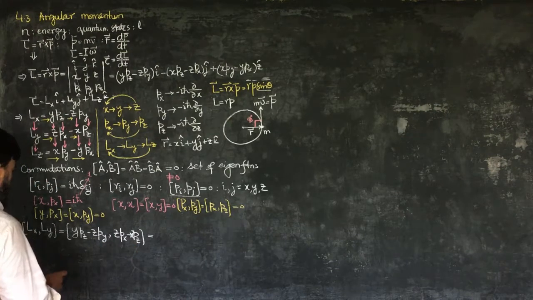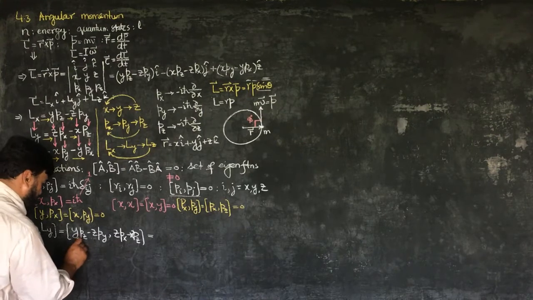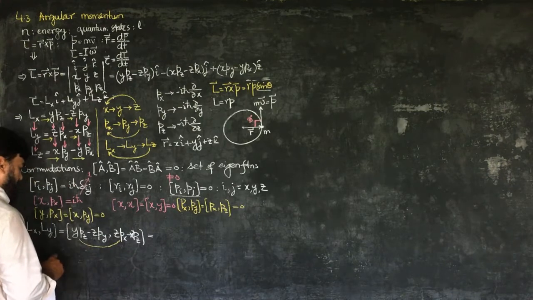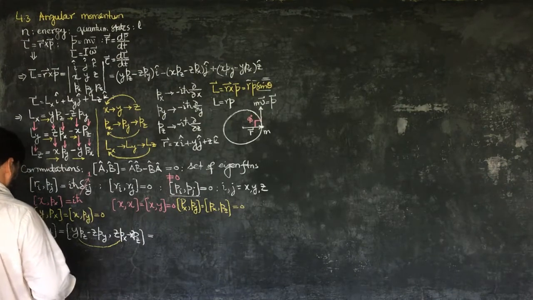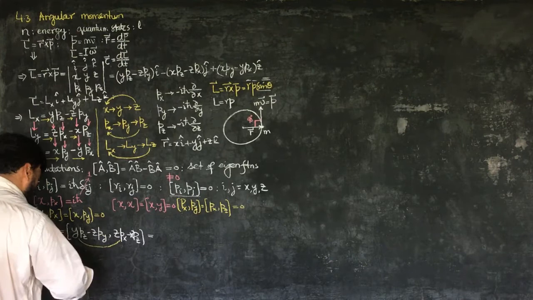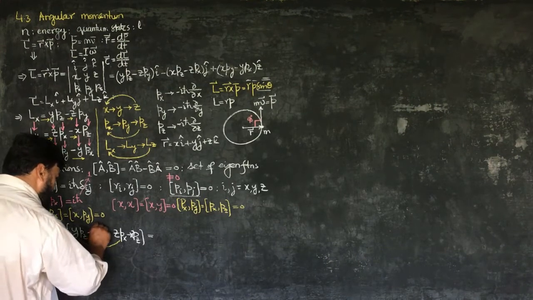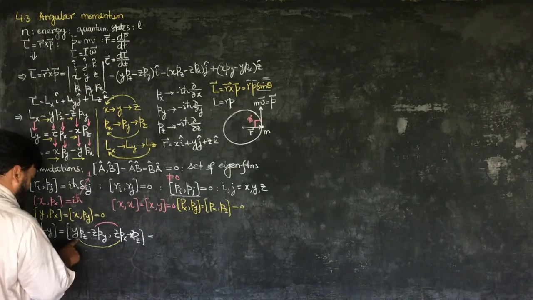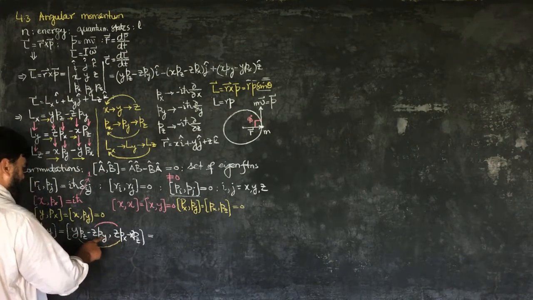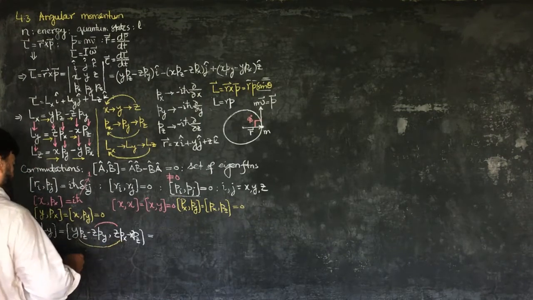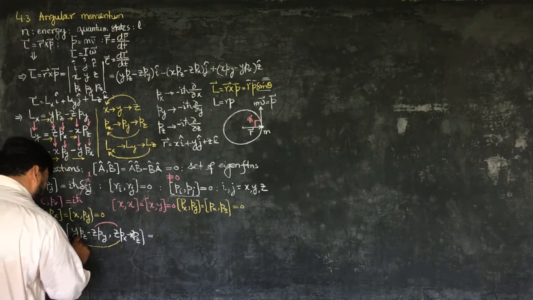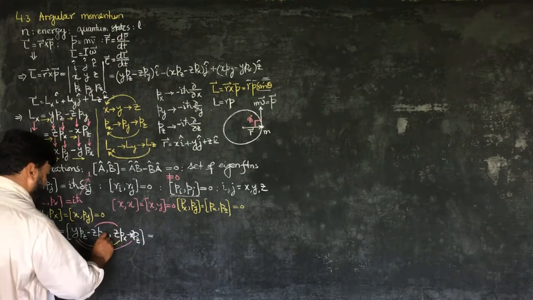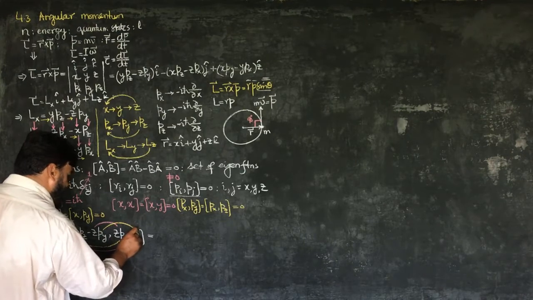So I can write that first this one will be calculated with this, and then this will be calculated with this, and again, I calculate this with this, then this with this, then I will have to calculate this one with this one, and then this with this.